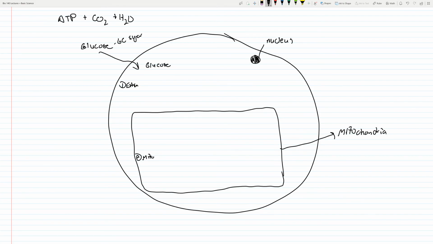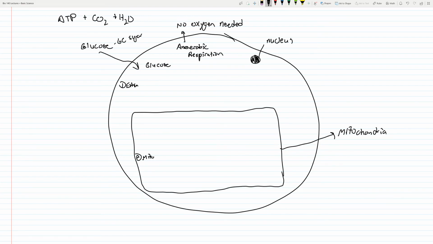Once it is in the cytosol, once it is in the cytoplasm, a process called anaerobic respiration occurs. Anaerobic means no oxygen needed.